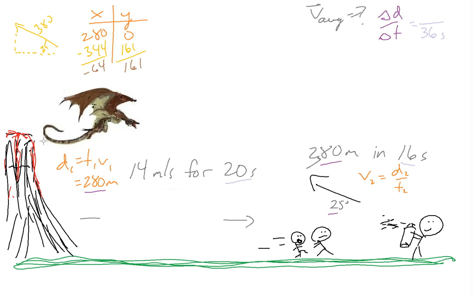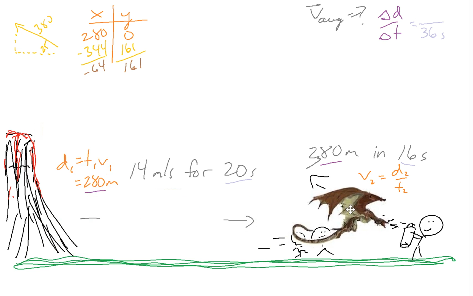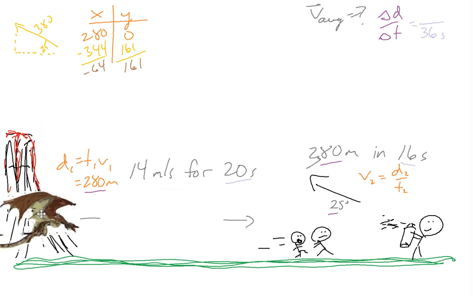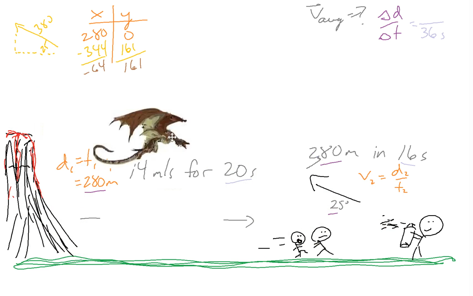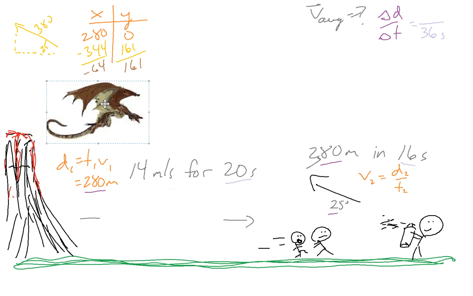So again, if we laid this out for Mr. Dragon, he went this way, 280, and then he did the equivalent of 344 back and 161 up, or just went 380 diagonally this way. Okay, all right, so let's make the new triangle for my total displacement. So my net displacement is 64 to the left, and then 161 this way.